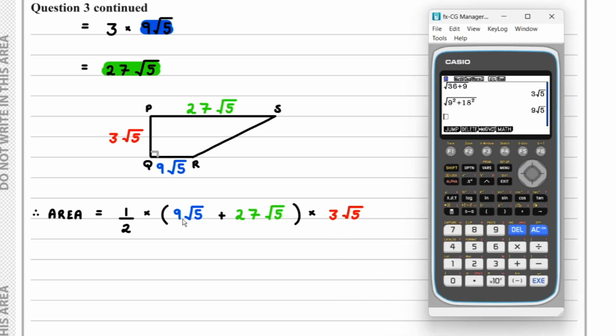So we have 36 root 5 multiplied by 3 root 5 divided by 2, which is 270. So the area is 270 units squared.